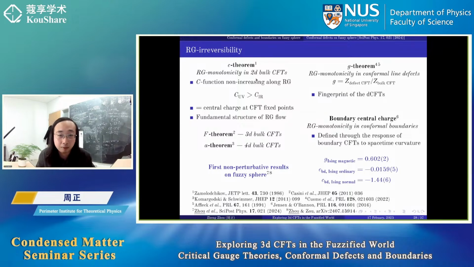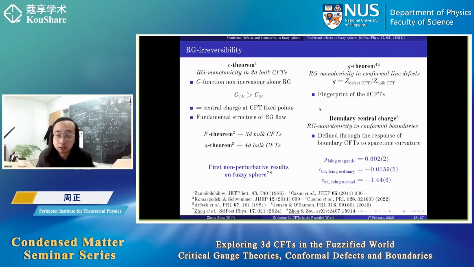It's not only in bulk CFTs. On conformal line defects, people have also found that there is a G function that is non-increasing along the RG, which is defined as the ratio between the Cartesian functions of the defect CFTs and the corresponding bulk CFTs.